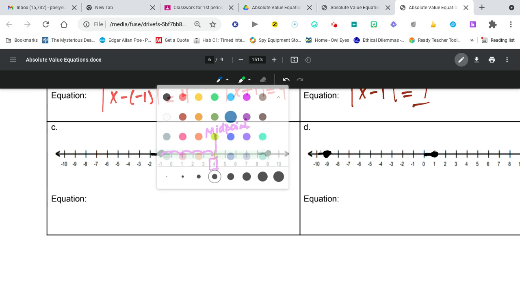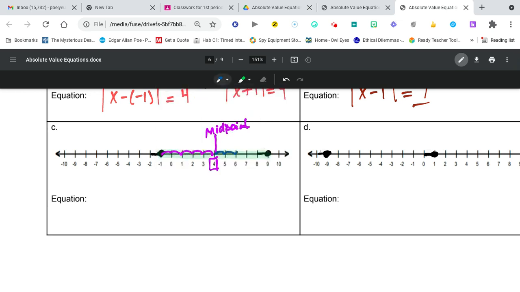Of course, it should be 5 on the other side, because it was 5 here. 1, 2, 3, 4, 5. So it's the absolute value of x minus the midpoint equals the distance from the midpoint on each side, which is 5. So the distance between some number and 4 is 5 units. That would be a 9 and a -1.